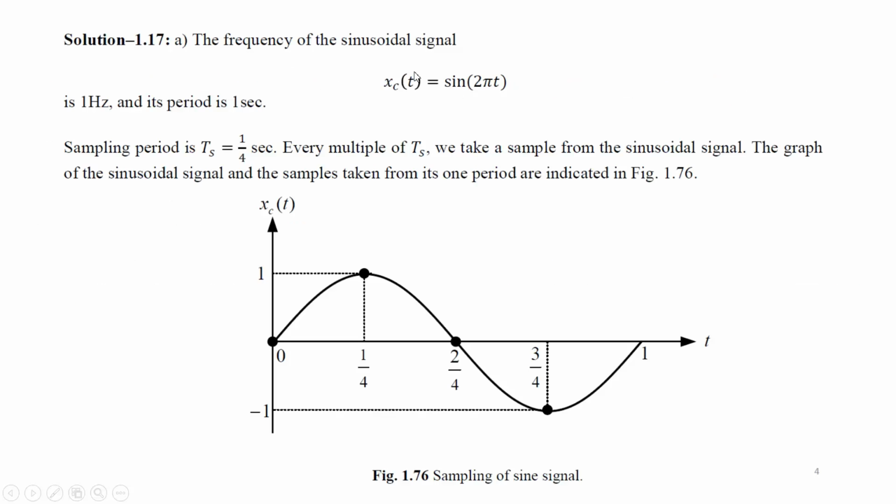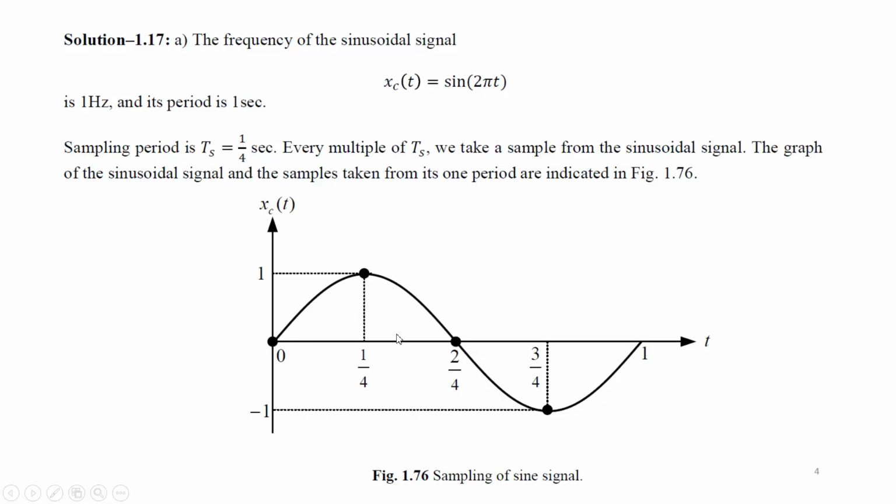Now, if you look at the signal, the continuous time signal is sine 2 pi t, and if you compare this with the actual sine of 2 pi ft signal, then you will see that the frequency in the signal is 1 because f is 1 here. Therefore, the frequency of the given signal is 1 and its period is 1 second. Sampling period is 1 by 4 seconds.